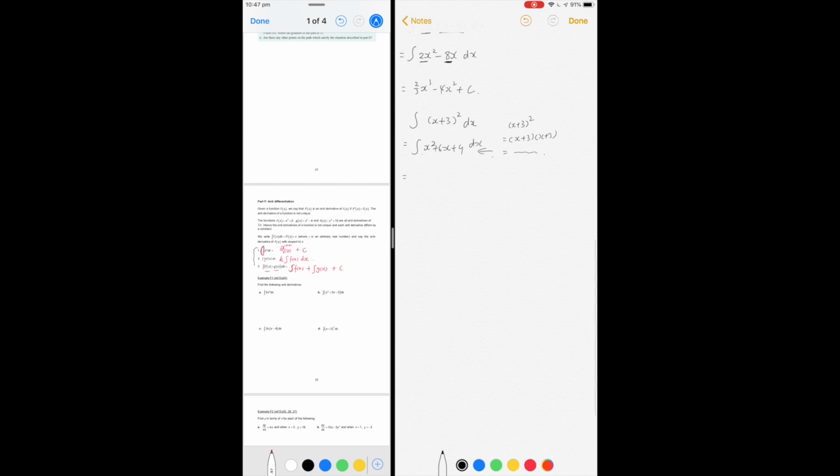The next one is example F2. Now find the derivatives. The question is asking you to find y in terms of x. As soon as you find that, it means we're trying to find the original function.